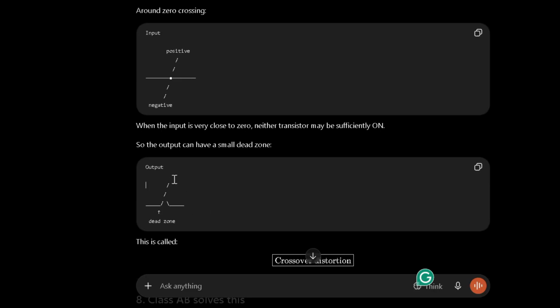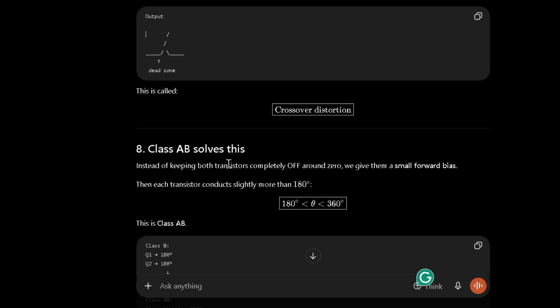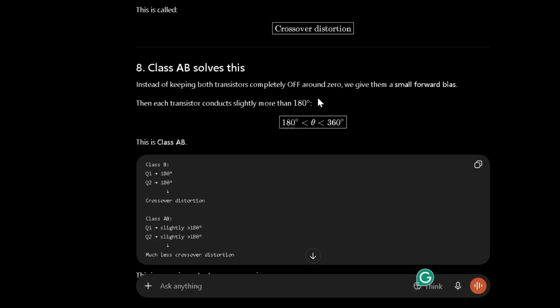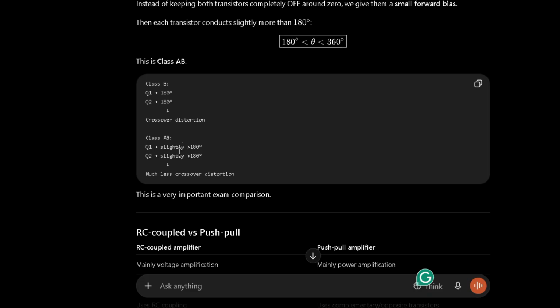Class AB solves this. Instead of keeping both transistors off at the beginning, we give each a small forward bias voltage, so each transistor conducts slightly more than half the cycle. Q1 conducts greater than 180 degrees and Q2 conducts greater than 180 degrees, giving much less crossover distortion.